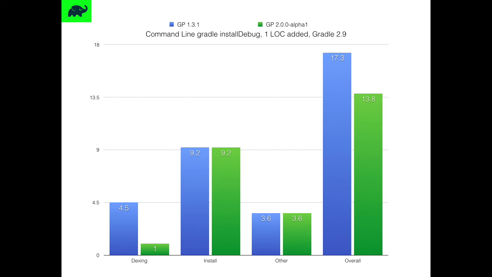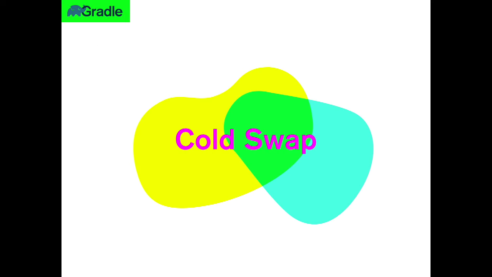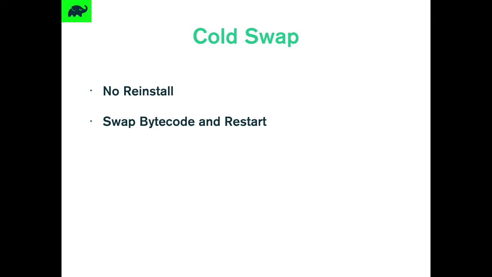To address this, the Google Android team has announced two other very cool features that will be available soon. First is cold swap. With a cold swap, you don't need to reinstall your application. You just replace the bytecode and restart. So it's not a hot deploy where you don't restart the app and you change the bytecode for a running app.